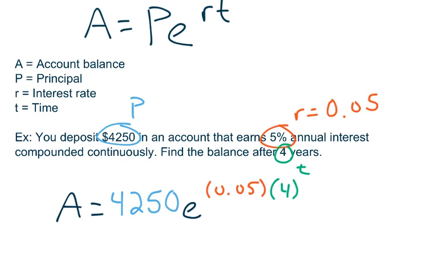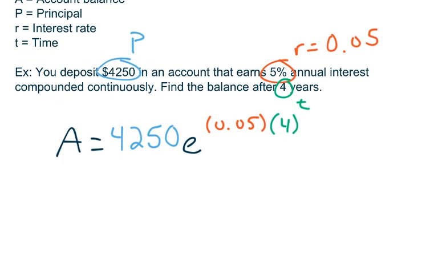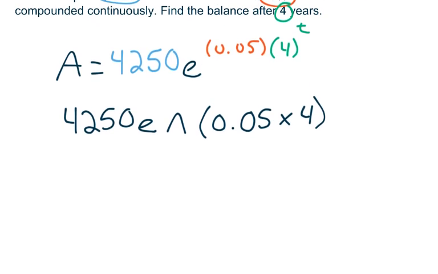If you've got an older calculator, one of the yellow ones or the squarer black ones that you borrowed from me, you'll have to type this in probably with some parentheses, as in like 4250 e, and then parenthesis or exponent button parenthesis 0.05 times 4 power. When you do that, you should get an answer somewhere in the neighborhood of $5,190.96.